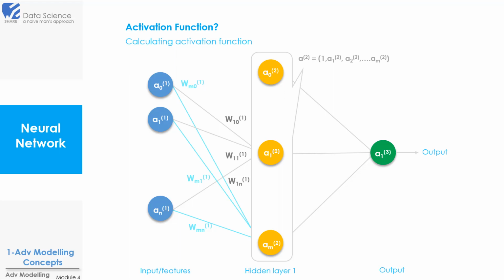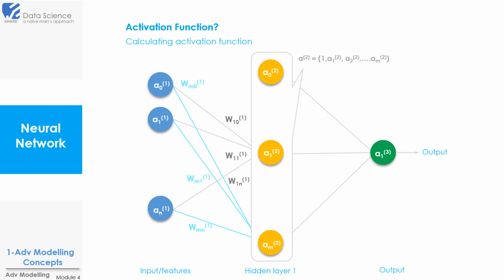So in every layer we have a weight matrix that is to be calculated, and then we will use that weight matrix to calculate the neurons of the next layer. That is how a neural network functions. And obviously we will not be doing this manually, but this was just to give you an idea of how a neural network does the calculations.